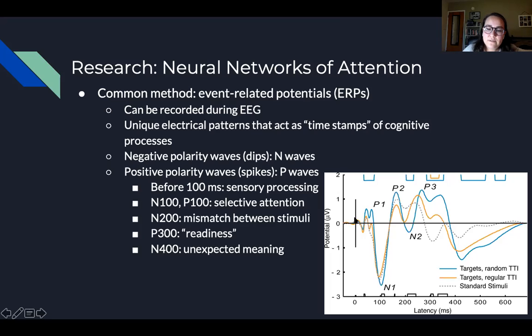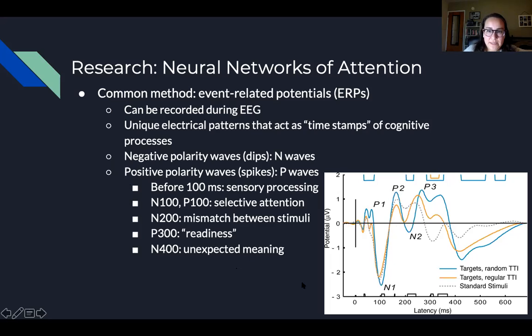Or there are also waves called positive polarity waves, these spikes above the zero, and these are called P waves. I'm going to go through, real quick, the different electrical patterns that occur as people are shown a stimulus and asked to attend to certain parts of it.